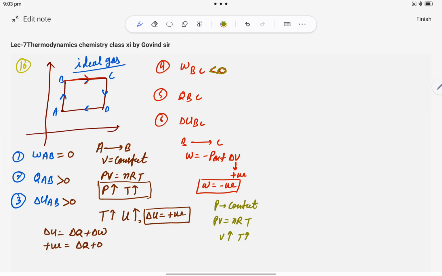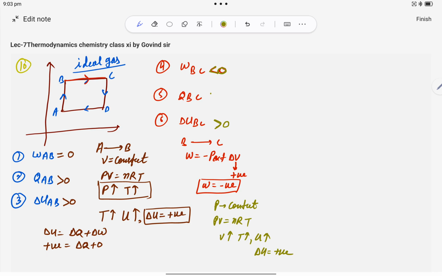So if volume increases, then U also increases, then delta U will be positive. So here delta U will be greater than 0.